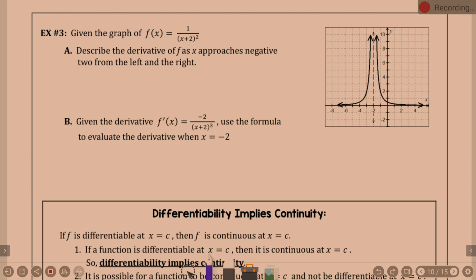I always forget how I write this part of my notes. What do we know as x approaches -2 from the left?